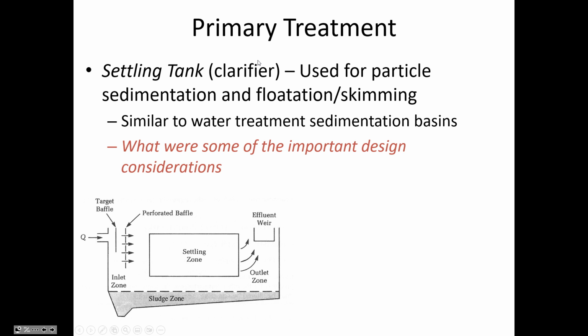But in both cases, the important design considerations are that we need to have baffles that distribute the incoming water across a large cross-section to reduce the velocity, because we don't want any kind of jets or eddies inside of the settling zone that would suspend or interfere with the particles as they're settling downward. We want to have really slow-moving flow in the settling zone.